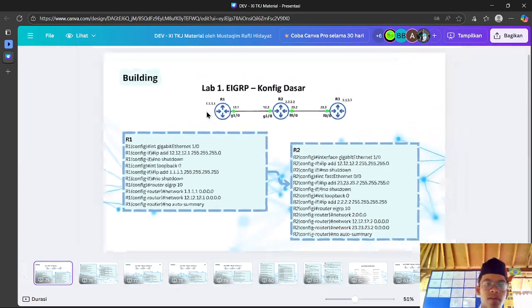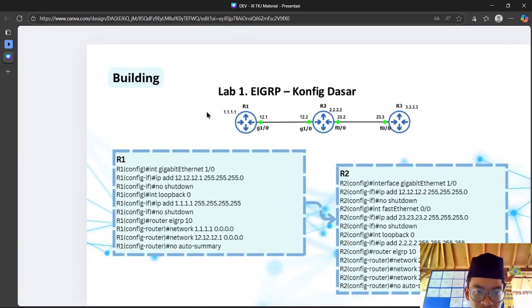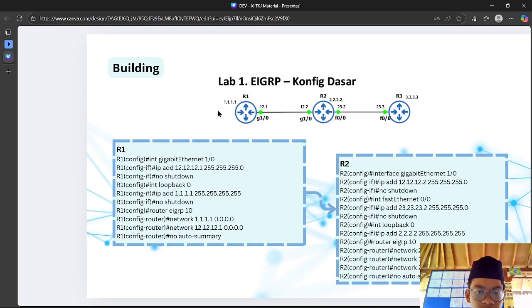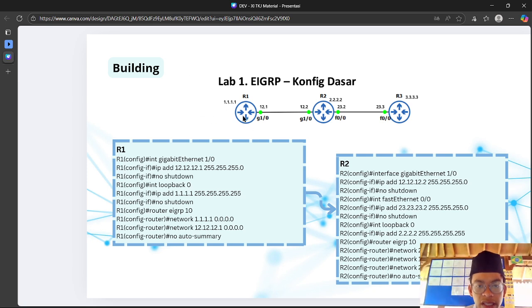For the first configuration here in router 1, we must make adjacency to each router, like from router 1 to router 2 and router 2 to router 1, and router 3 to router 1. The configuration is interface GigabitEthernet 1/0, then IP address 12.12.12.1 with the network, and then don't forget no shutdown.